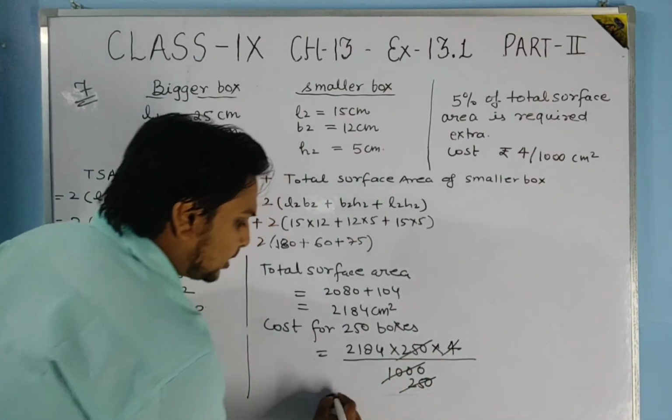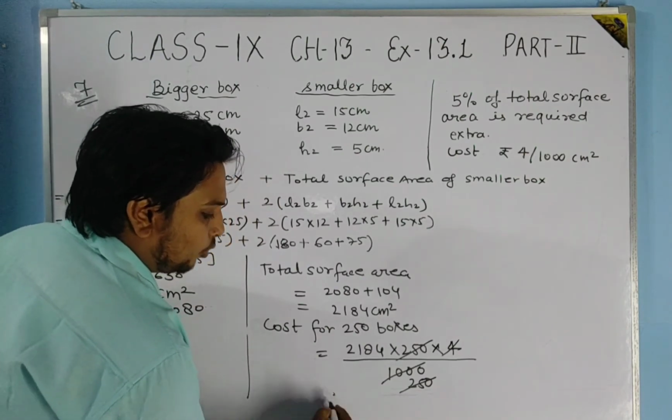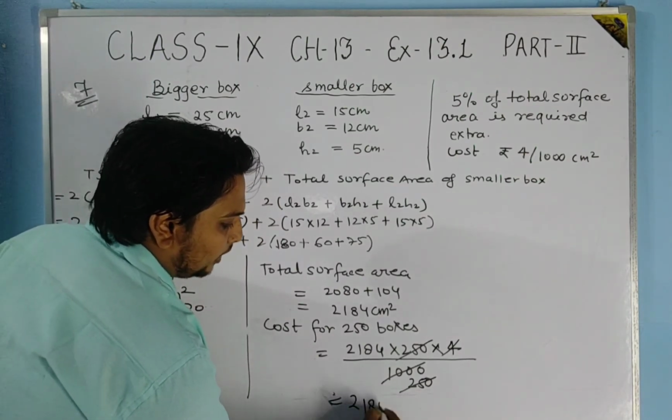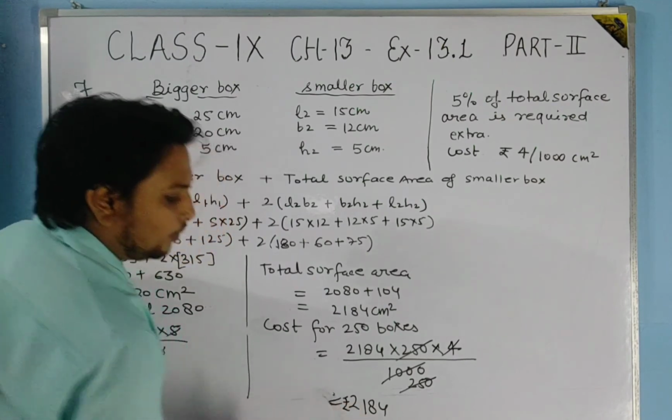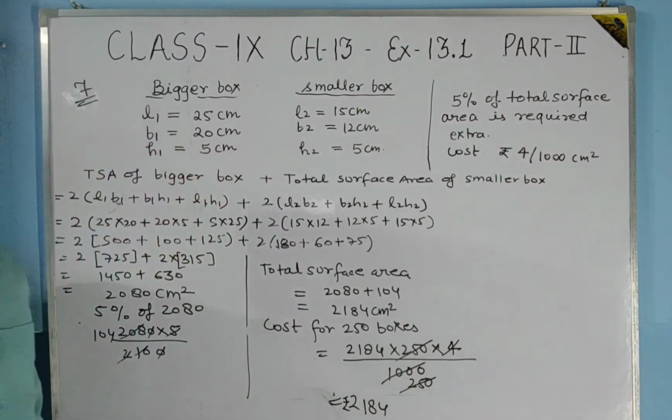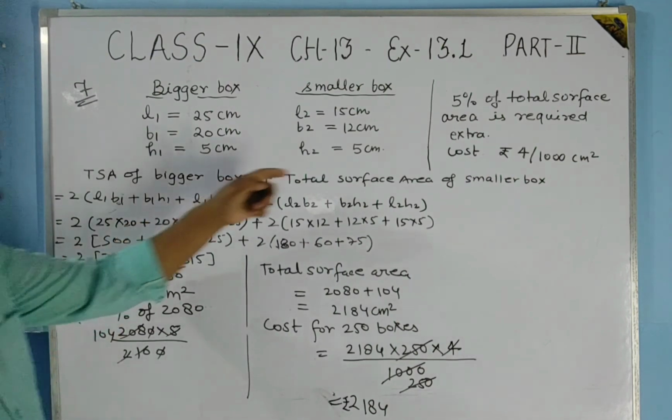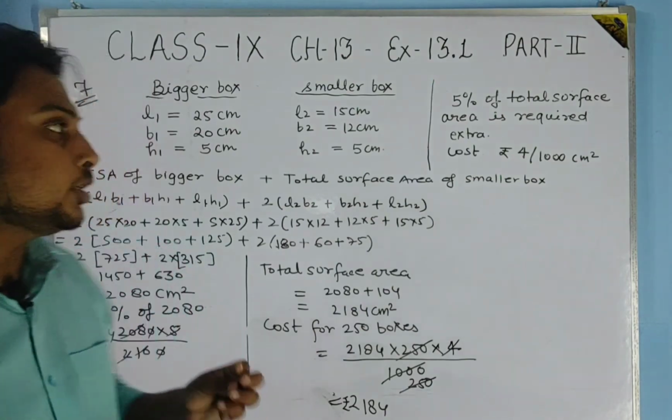So only 2184 is left, and this will be the cost for making two boxes, one bigger and one smaller, of these dimensions.